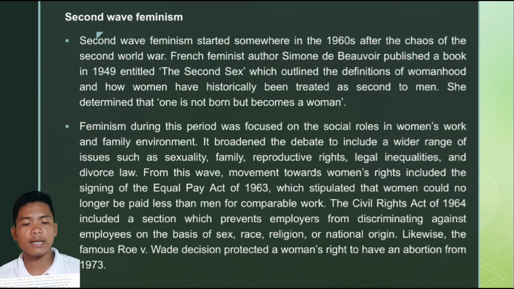The Civil Rights Act of 1964 included a section which prevents employers from discriminating against employees on the basis of sex, race, religion, or national origin. Likewise, the famous Roe v. Wade decision protected a woman's right to have an abortion from 1973.